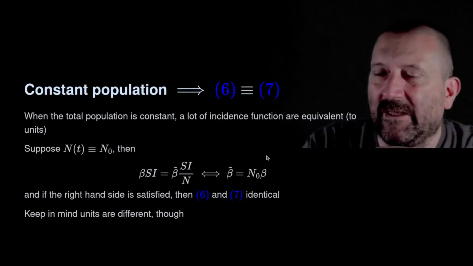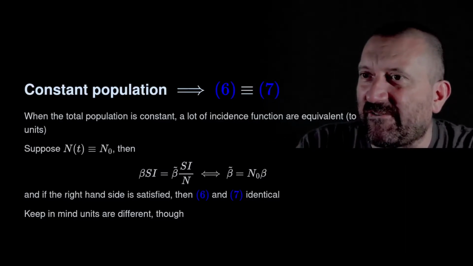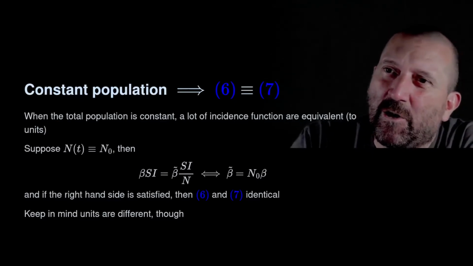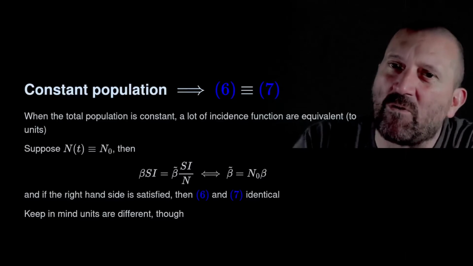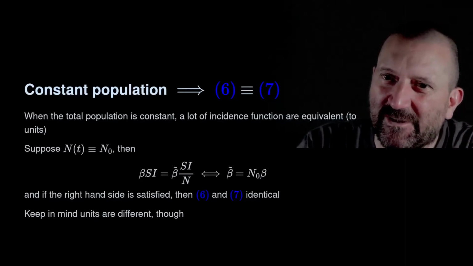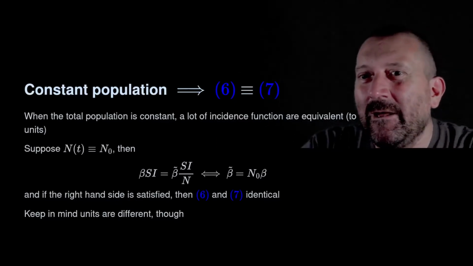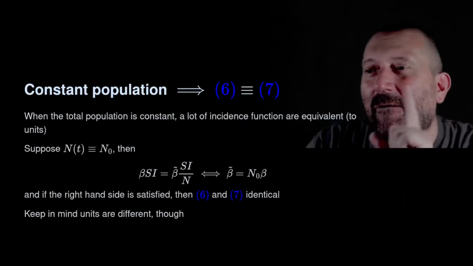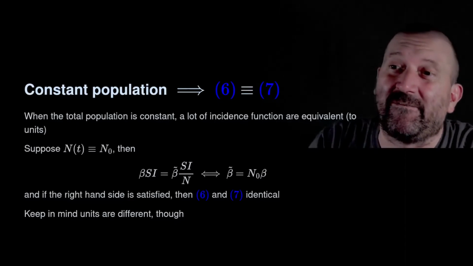So in terms of the dynamics, there's no change. When you have a constant total population, you shouldn't really worry about which form of the incidence function you're using between those two, because they do the same thing. They have different units. That is important.